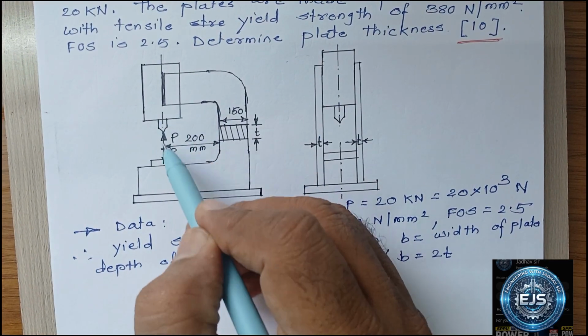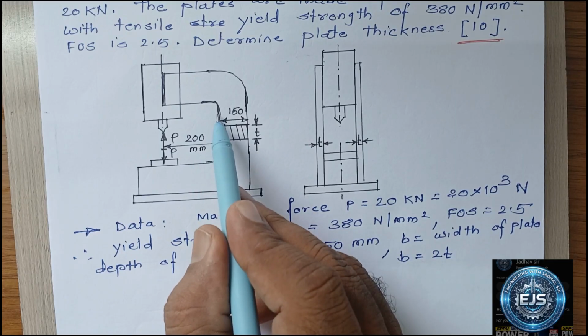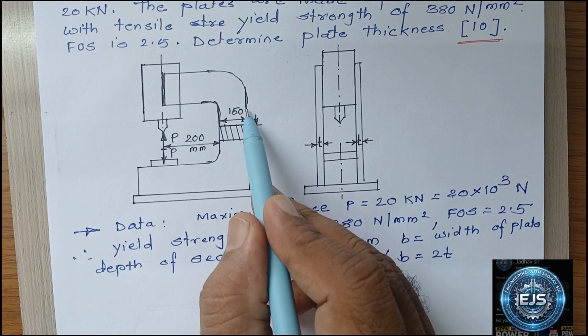Now this is the line of action of the load P. From the line of action of load P, the distance of the inner fiber, this is the inner fiber of this hydraulic press, and this is the outer fiber.